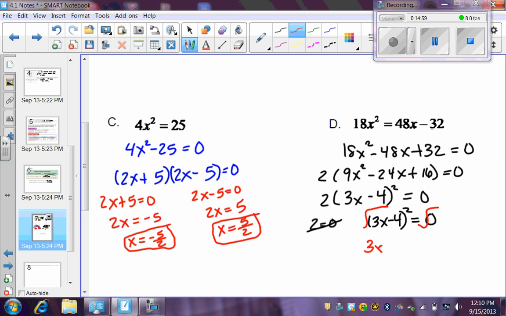That leaves me with 3x minus 4 equals 0. Opposite of subtracting is adding, so I have 3x equals 4. Opposite of multiplying is dividing, so I have that x equals 4/3. And that would be your only answer.